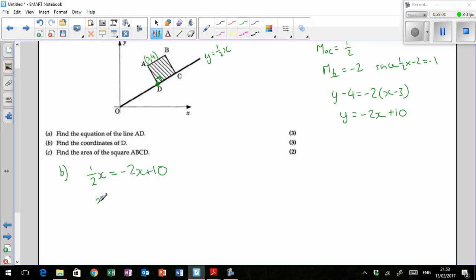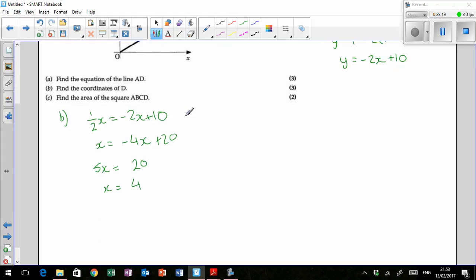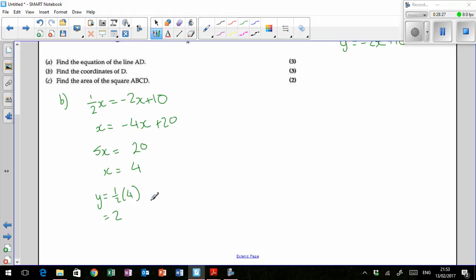Let's just times it by 2, get rid of fractions when we can. So x equals -4x plus 20. Add 4x to both sides, so 5x is 20, so x is 4. And then we know that y is equal to half x, so y is equal to half of 4, which is 2. So the coordinates of D is 4, 2.